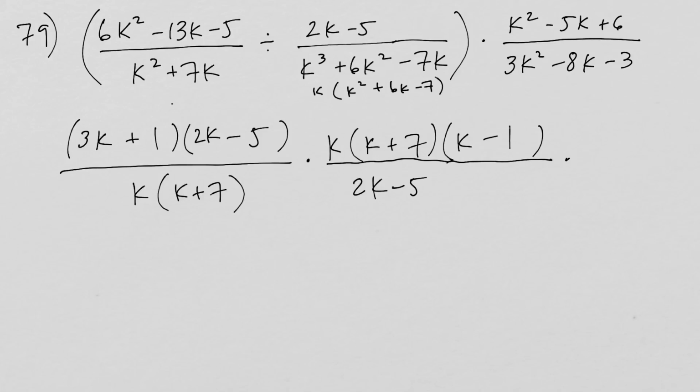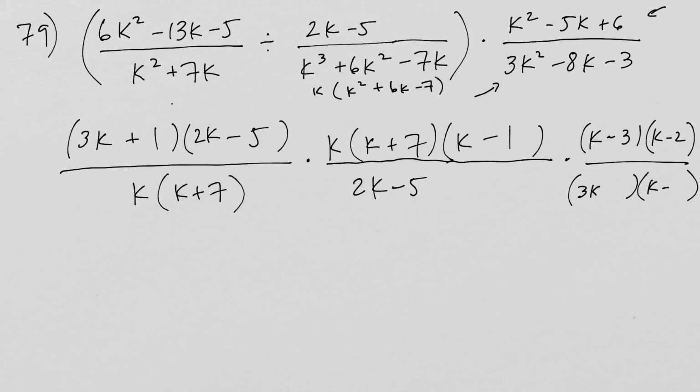And finally, I have this I'll factor as k minus 6, or no, minus 3 minus 2. Minus 3k minus 2 up top. And on the bottom, I'll have a 3k and a k. So it's got to be a minus 3 plus 1.